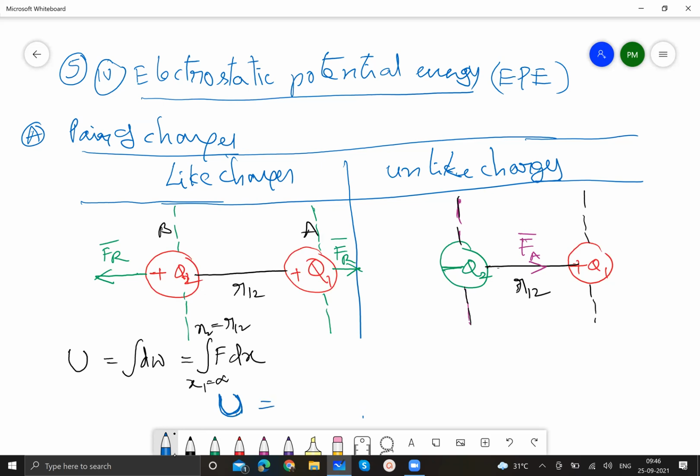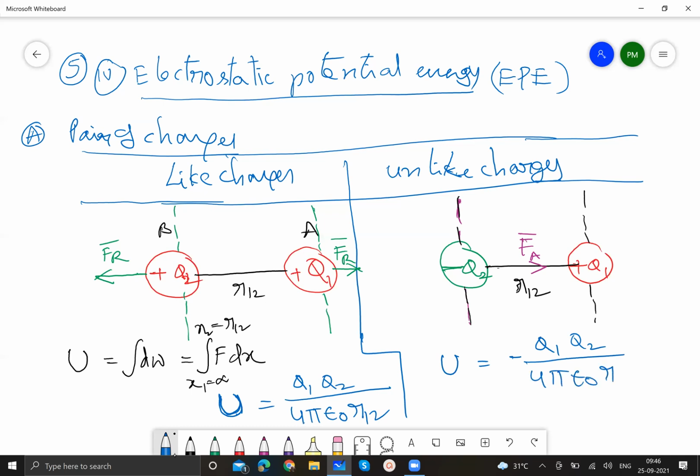So the electrostatic potential energy for this pair of positive charges will be Q1 Q2 by 4 pi epsilon 0 R12. In this case, it is Q1 into minus Q2, so we'll get minus Q1 Q2 by 4 pi epsilon 0 R12, so many joules.